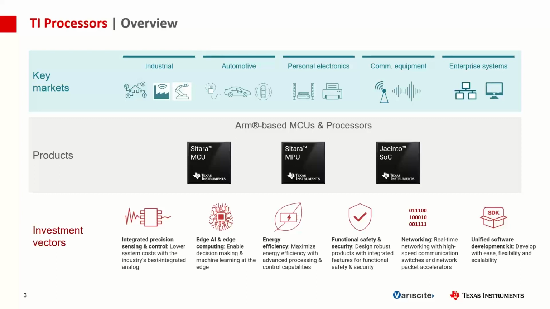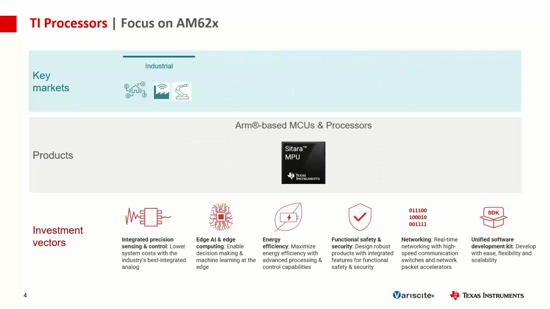If we switch to the next slide here, we'll home in on industrial as the key market, where typically we think of the industrial SOMs being used in factory automation, building automation, and particularly devices that are using HMI, which commonly get used in industrial. So Sitara MPU is the product line that we'll be focusing on today.